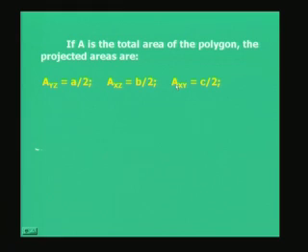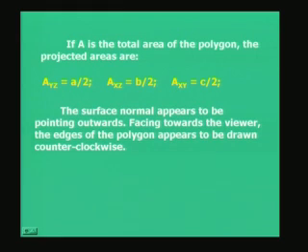So, remember these important relations and you can test them with a simple triangle. If the surface normal computed by the above three coefficients, by the formulas of A, B, C that we have seen, appears to point outwards, facing towards the viewer, and the edges of the polygon appear to be drawn counterclockwise, this we have seen: what you mean by a back face, a brighter front face and a darker face.